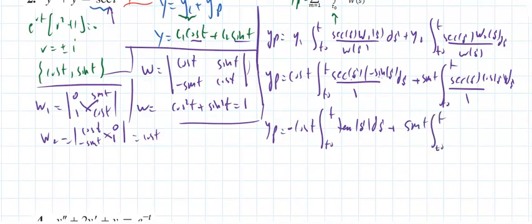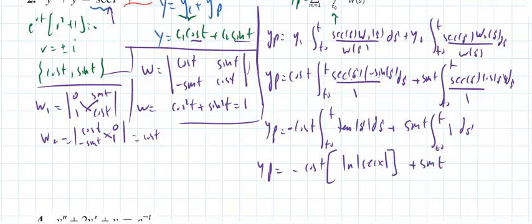And this is going to be, cosine over cosine is just 1. So the particular solution would be negative the cosine of t times, isn't that, what was it, natural log of the secant of x? I should say s. Evaluated from t naught to t. And this is going to be just s evaluated from t naught to t.